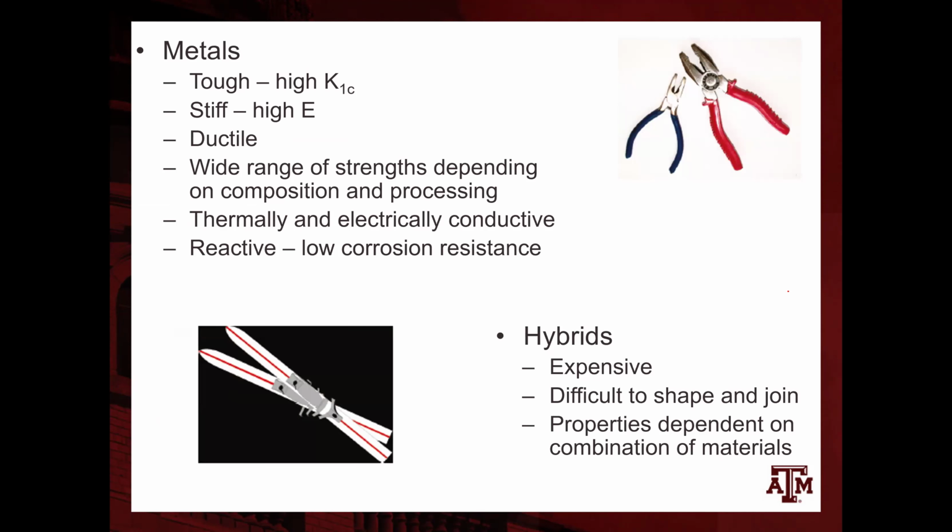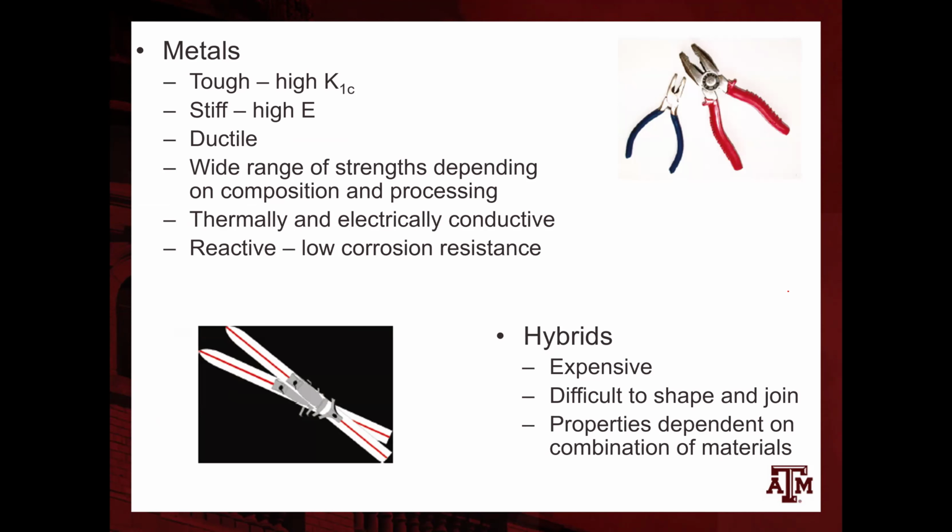And then metals are basically kind of the opposite to ceramics in the sense that those are ductile. They will give you a warning before fracture, so they can accommodate a lot of plastic deformation. I'm going to talk about the reason behind that. And they are usually also stiff.